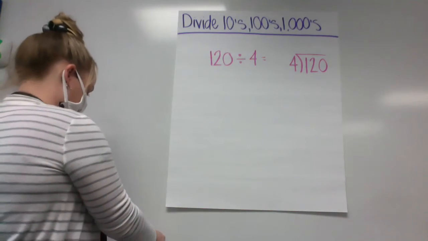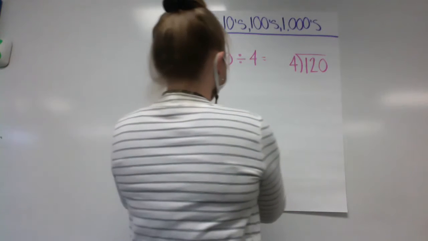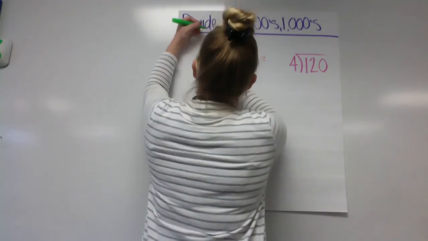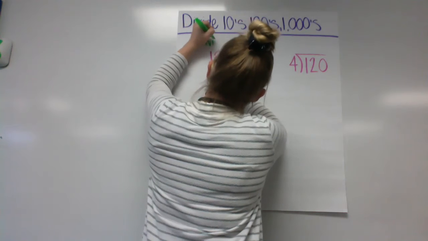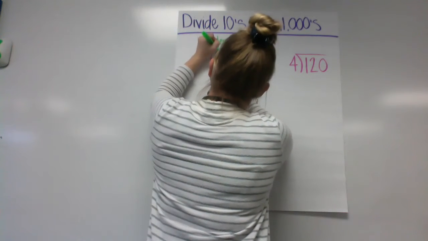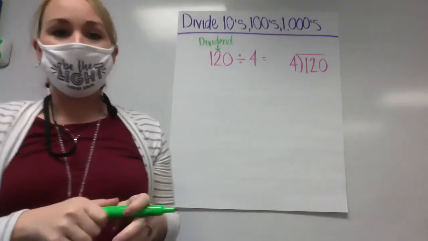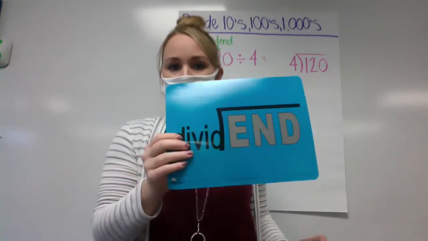I'm going to go with green. Okay, so that bigger number that you're dividing, that's your dividend. Yep, label it.